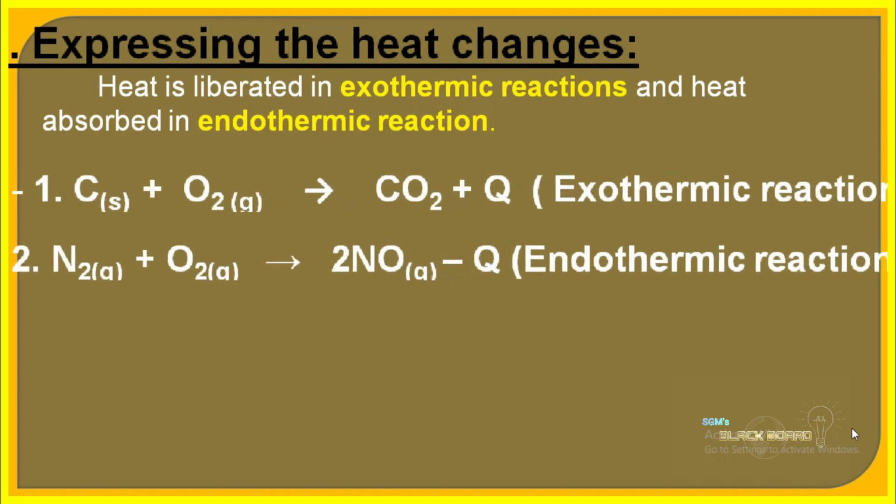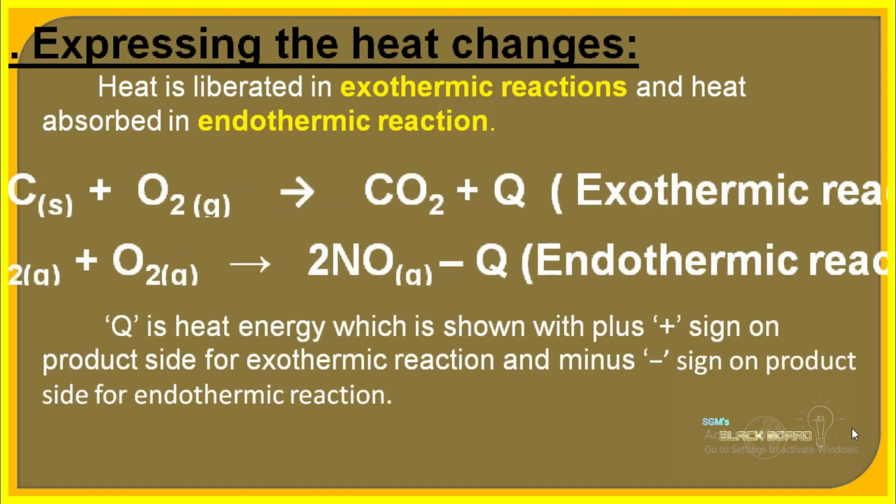Here Q is heat energy, which is shown with a plus sign on the product side for an exothermic reaction and a minus sign on the product side for an endothermic reaction. So in the above equations, plus Q shows that heat is liberated, and minus Q on the product side shows that heat is absorbed.